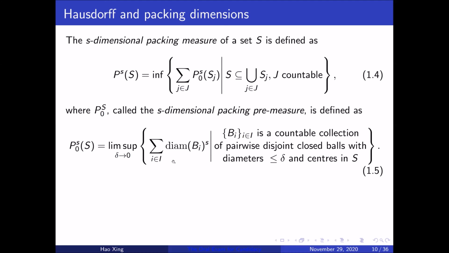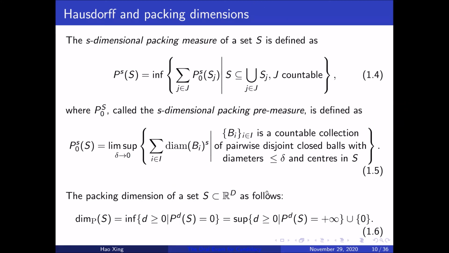of the supremum of the summation of the diameters of B_i's raised to the s power, where B_i is a countable collection of pairwise disjoint closed balls with diameter less than or equal to delta and centers in S. So this means we will put those balls with centers in S and make sure they are always disjoint with each other.